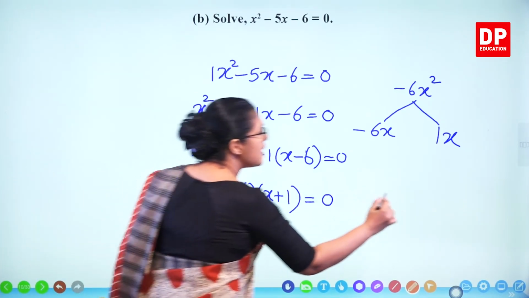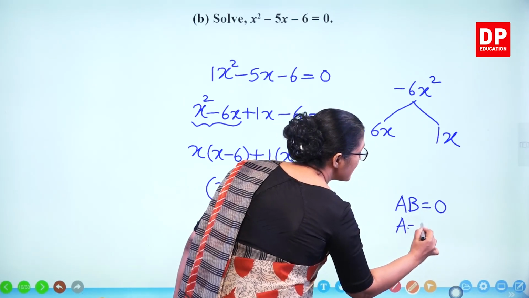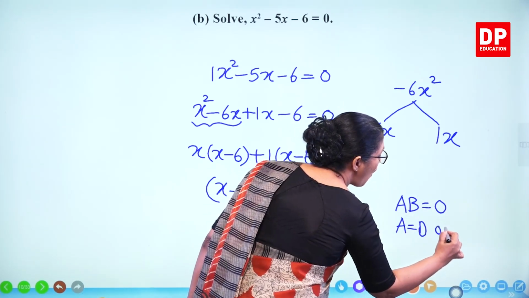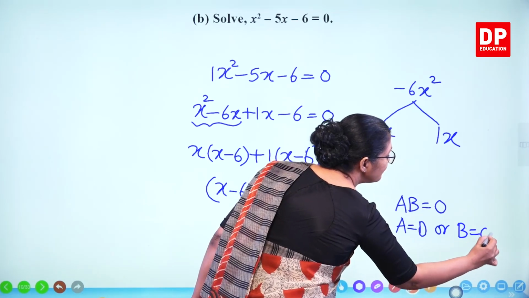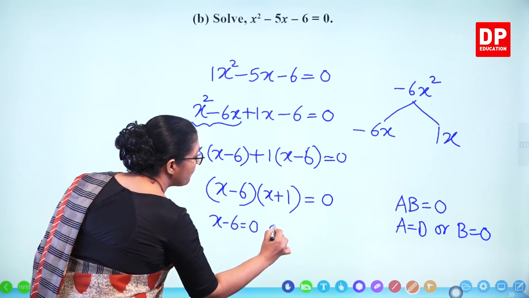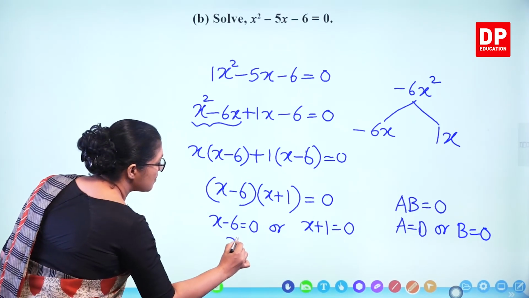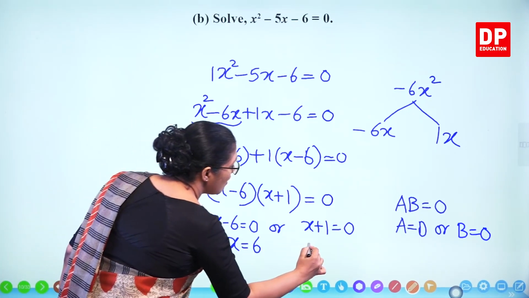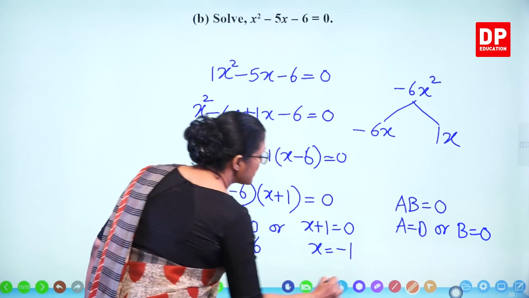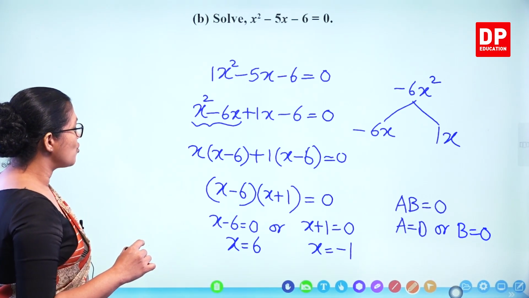The product is equal to 0 means you can get either A is 0 or B equals 0. So x minus 6 equals 0 or x plus 1 equals 0. So x becomes 6 or x becomes minus 1. So those are the two solutions.